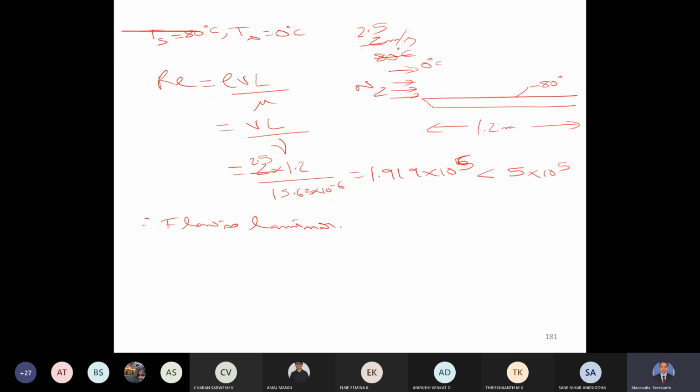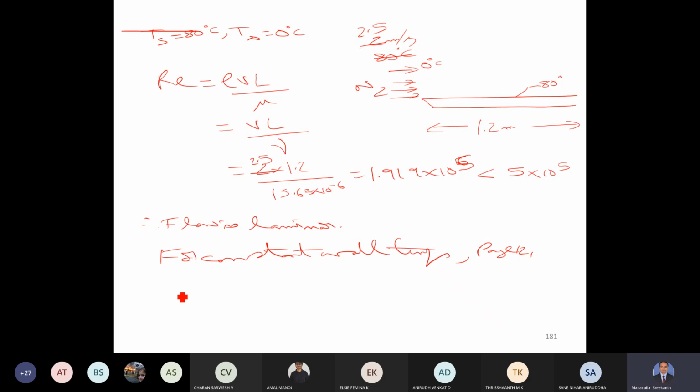So the equations that are available for flow over flat surfaces, for a constant wall temperature, the correlation is available on page 121.